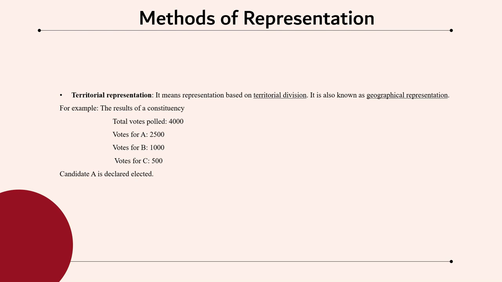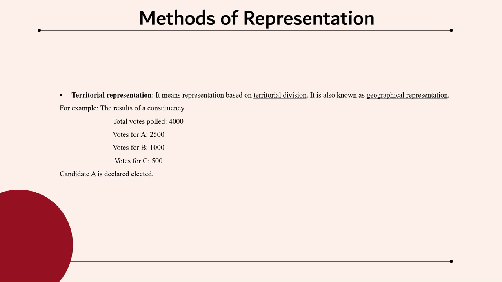For example, the results of a constituency: total number of votes polled 4,000. There are 3 candidates. Votes of candidate A 2,500. Votes of candidate B 1,000. Votes of candidate C 500.